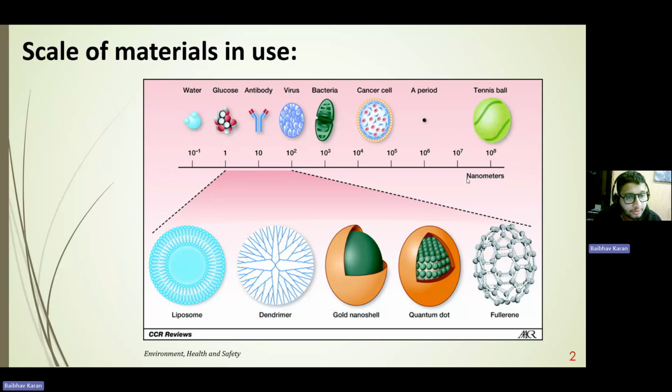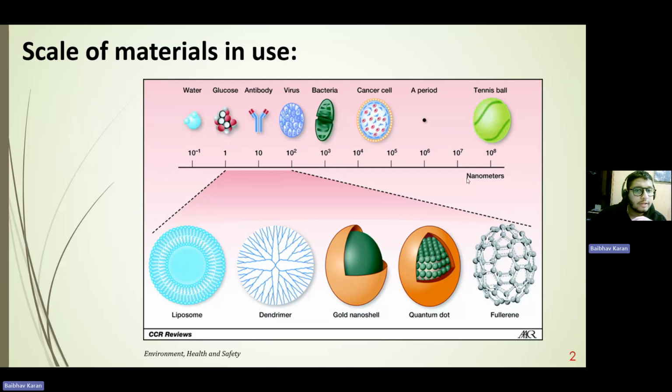They come around 10 to the power 2 to 10 to the power 5 nanometers in diameter. Then finally comes the glucose and the antibody, which are around 1 to 10 nanometers in diameter. Finally comes the water molecules. The water molecules are quite smaller than the nanometer range. They are around 10 to the power minus 1 nanometers.